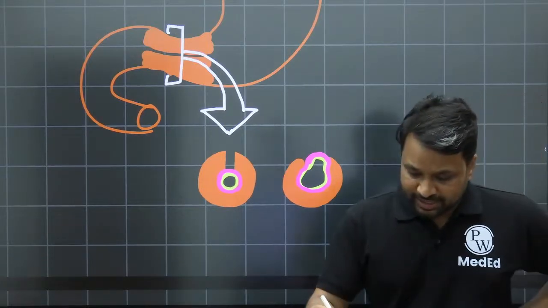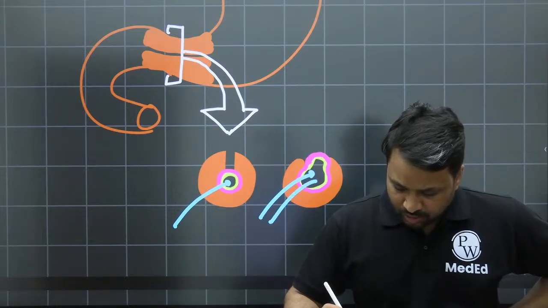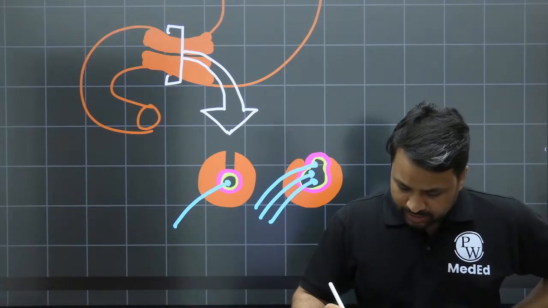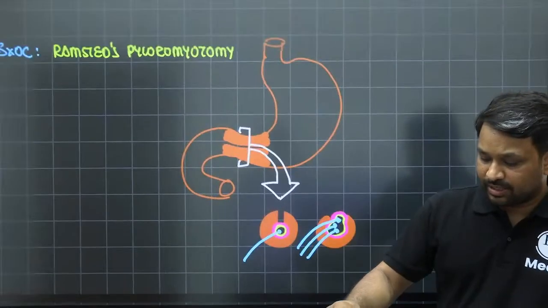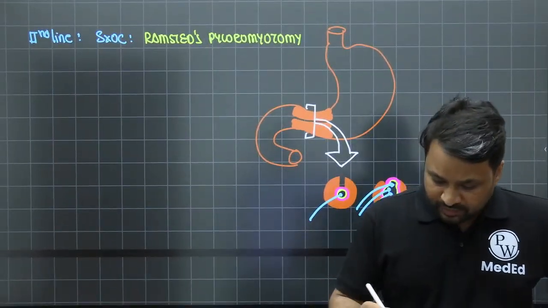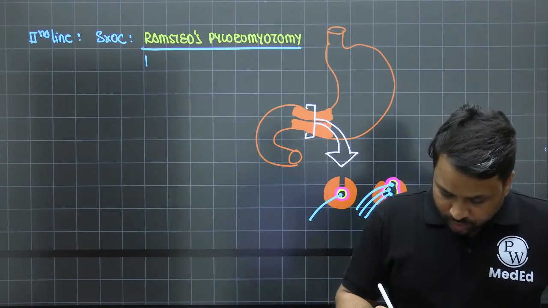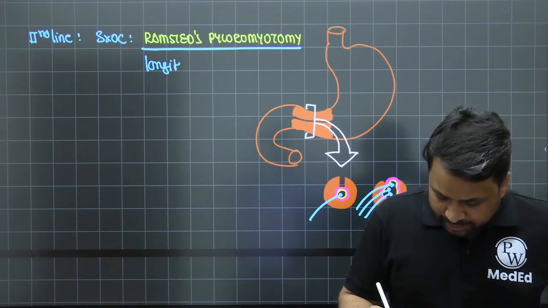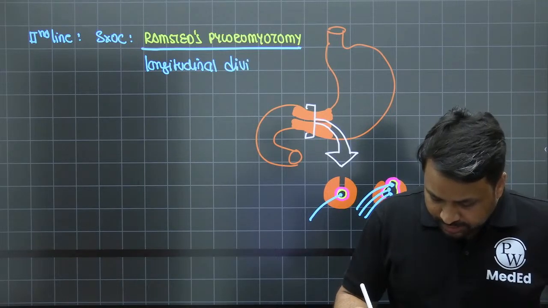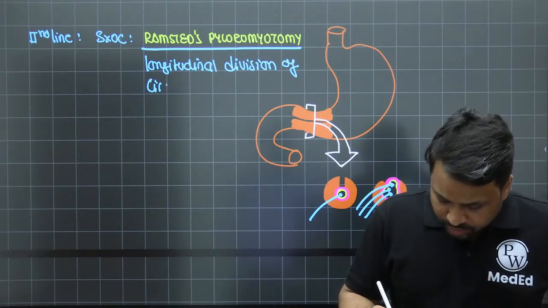Here the content is difficult to pass, but here the content can pass with greater ease, and this is what we call Ramsted's pyloromyotomy, where you're dividing the circular muscle. It is what we call the longitudinal division of circular muscle.